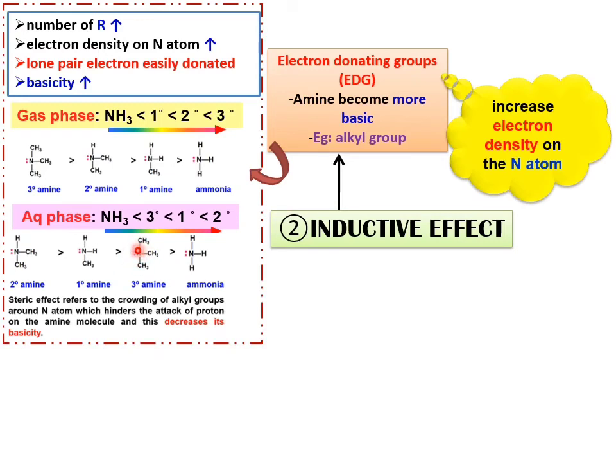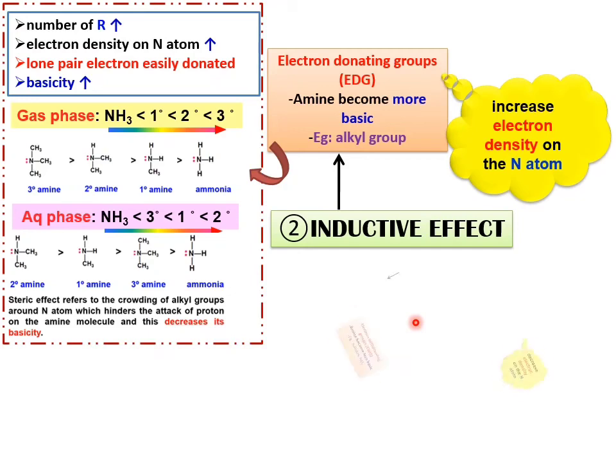Dia lindung nitrogen ni. Okay, dia melindungi nitrogen, so agak sukar untuk nitrogen tu donate elektron. Donate lone pair dia. So itu menyebabkan basicity dia dalam aqueous phase agak rendah. Okay, so hati-hati dekat sini. So macam mana nak tahu? Nanti tengok dalam soalan sama ada dia bagi dalam gas phase atau aqueous phase.